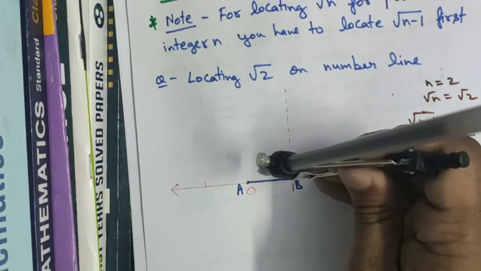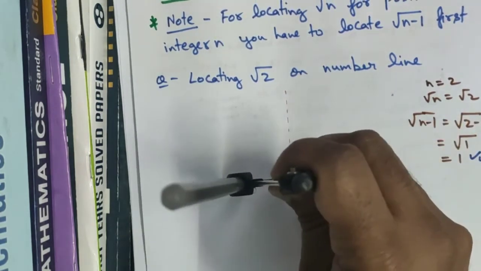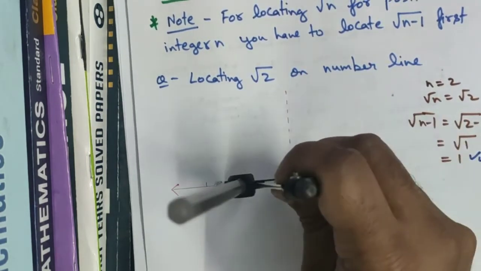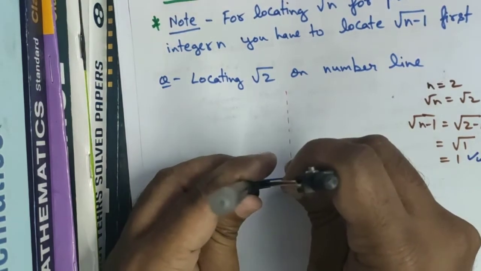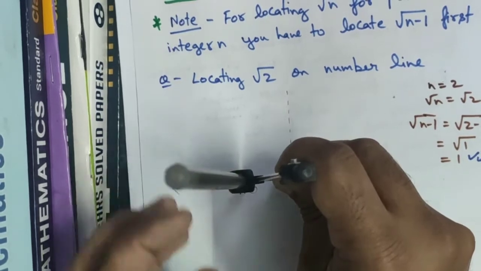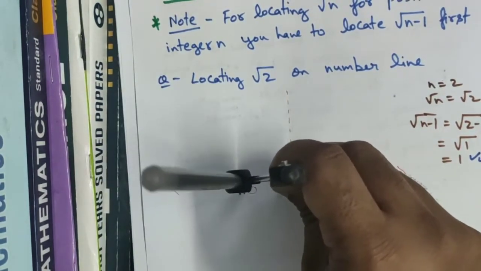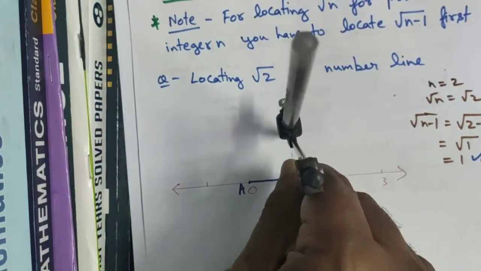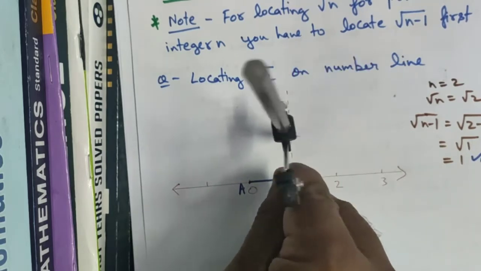Since we have already taken AB as 1 unit, taking the same distance from B, draw an arc.